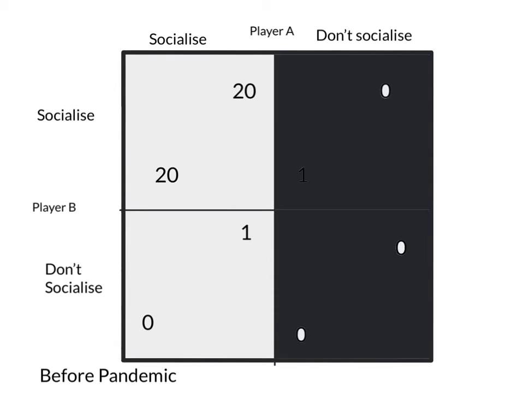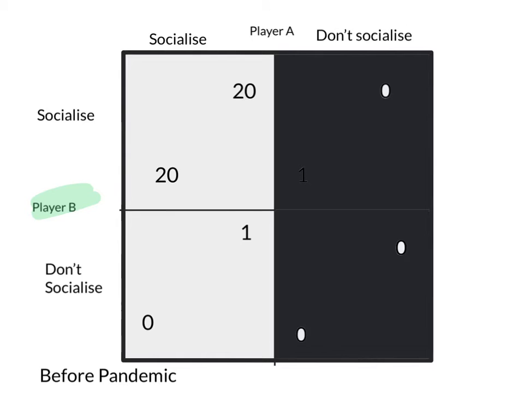So let's start off by looking at player B. And let's assume that player B thinks that player A is going to socialise. So what we've done is we've literally eliminated this right-hand column. Player B thinks that the relevant payoffs will be in the left-hand column, where player A chooses to socialise.